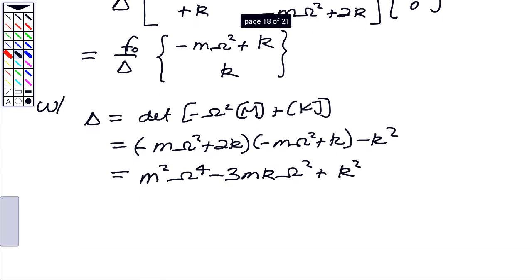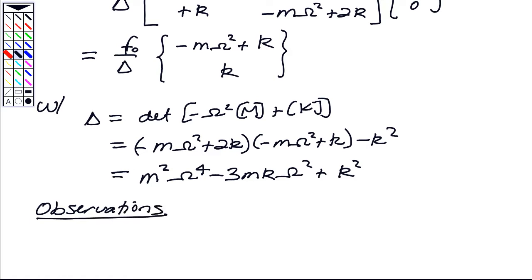So a few things that we can observe from our response. This is, again, for the undamped case. The first observation is that if we set delta equal to 0, what we've got is the characteristic equation.